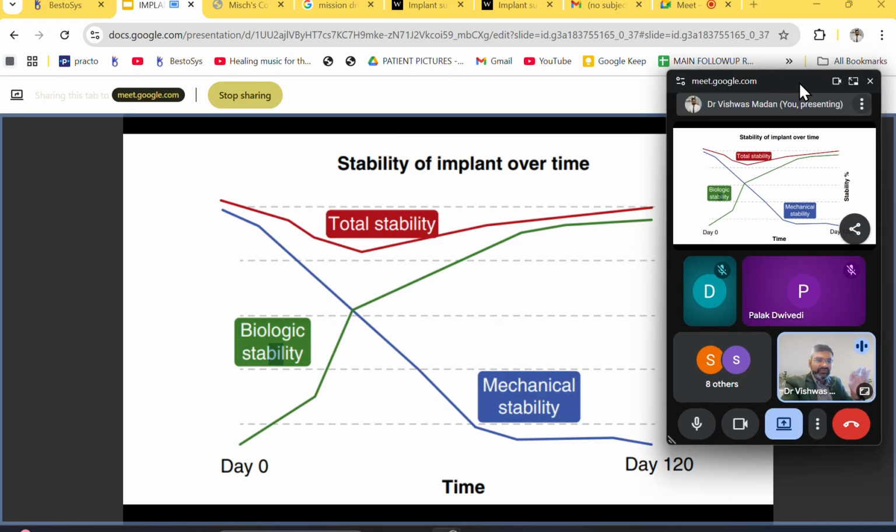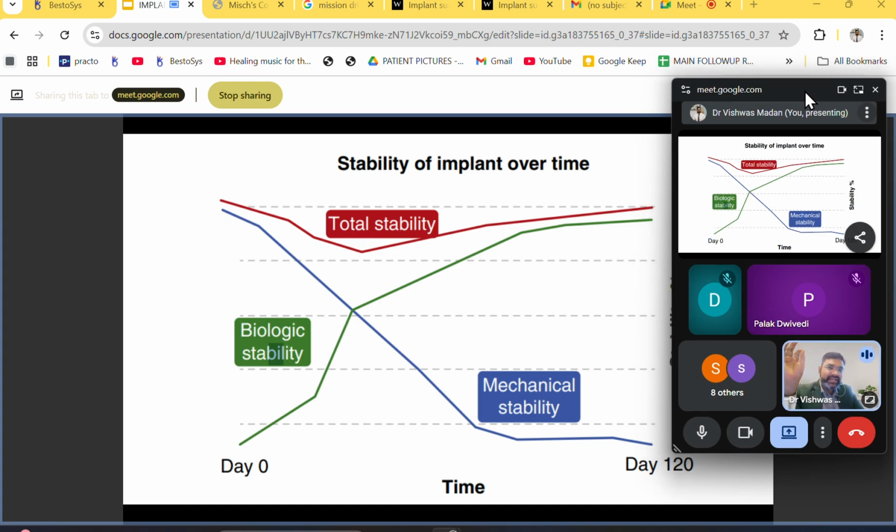Either the edges of that wall can break a little bit, or your screw can get stuck inside and not move inside or may not come out also, or there can be fracture of the screw. All these things can happen in the patient also, and they can happen worse because it is a living patient, right? So that's why it is so important to understand what we are actually doing.